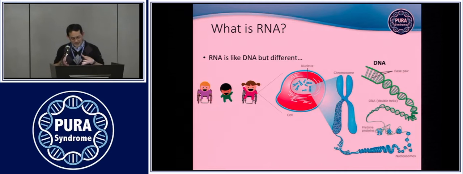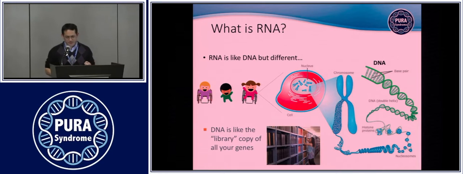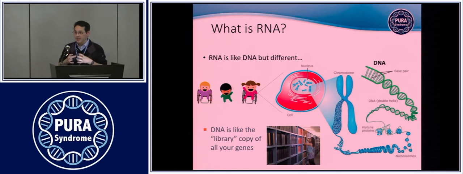And this is really like your library. So if I'm going to work with this analogy, you think of your DNA in the nucleus as the library of instructions of how to make a human being. And that's your library copy.